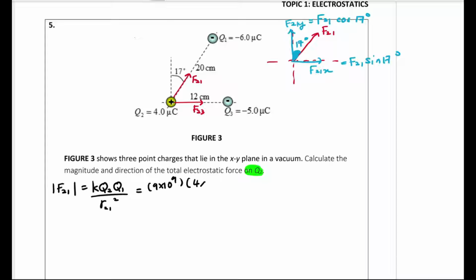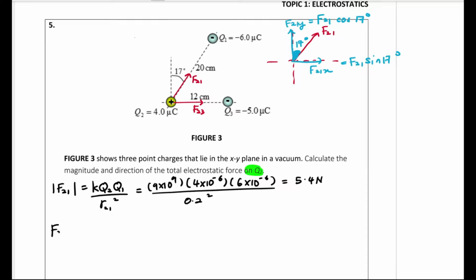Q2 is 4 micro. Q1, don't put the negative. The distance between them is 20 cm, so 0.2 squared. You calculate this one first. Then you do F23.